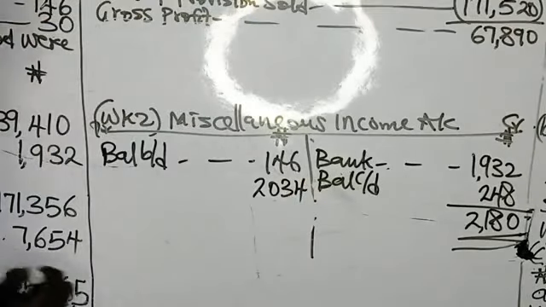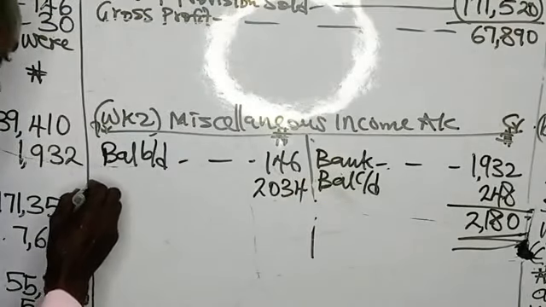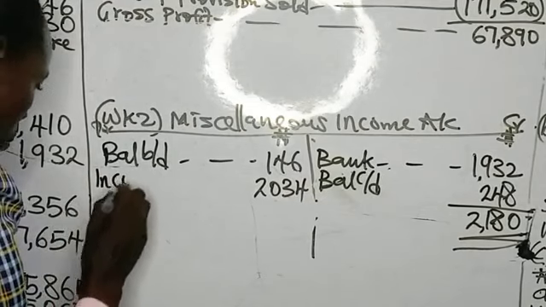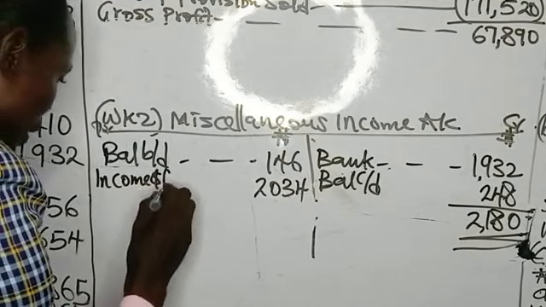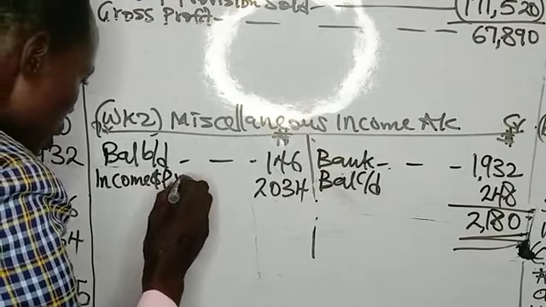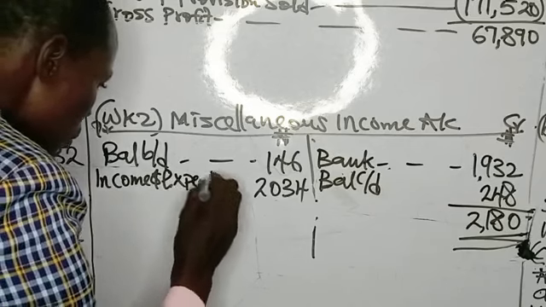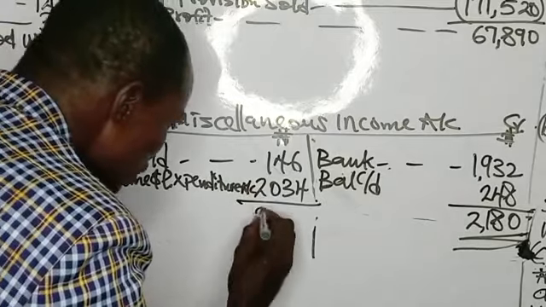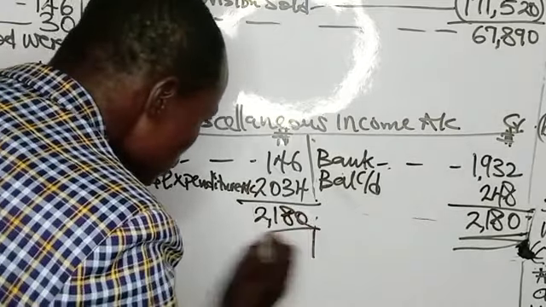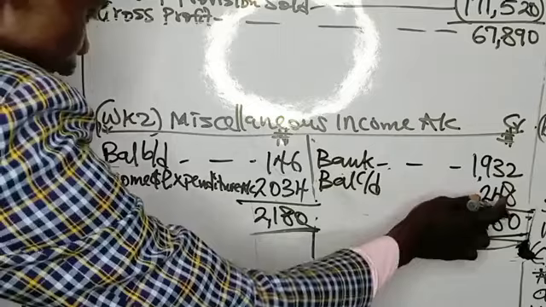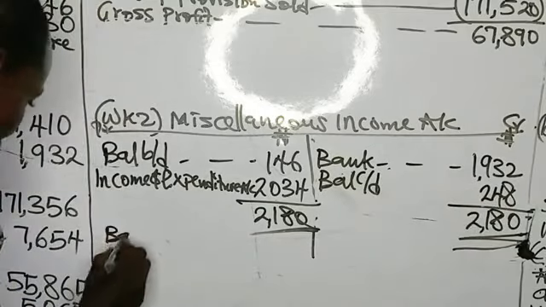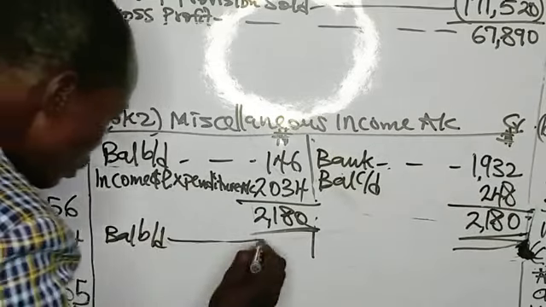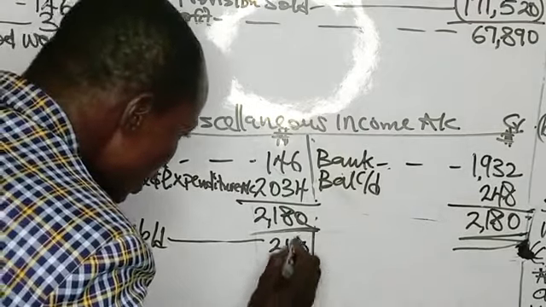That is the amount that will be transferred to income and expenditure account. The total is 2,180. The closing balance here will be brought down to the next period. Balance brought down, which is 248.